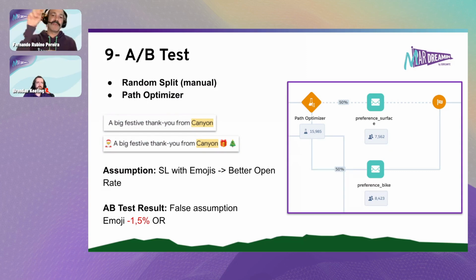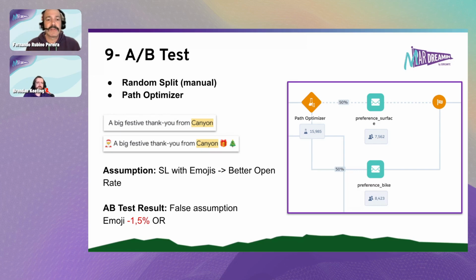So I was doing 50%, and then later on, I would check the results manually and see, okay, maybe the B got better, I don't know, click rate, and then I'll change the journey and then refresh again and play again. But now with this path optimizer, you set up the A/B test, you put the time frame you want to run the A/B test, and later on you just let it go, or maybe you just check the data.